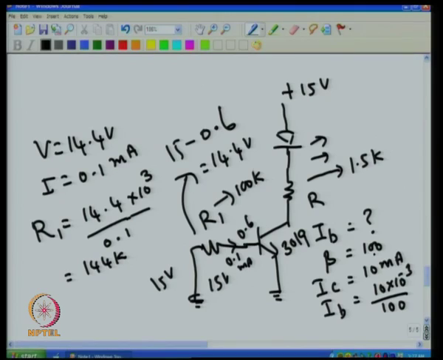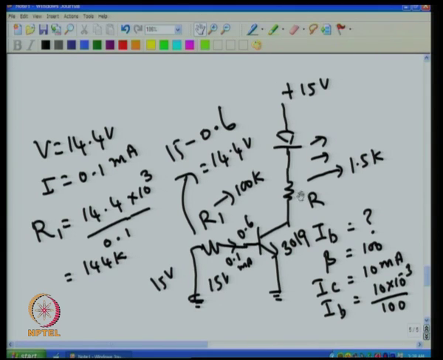So, in this case we always take the worst case parameter that is required. Here I have taken beta as 100, that is the worst case value. If I design with beta 100, then no problem, any transistor I put in will work, because if the beta is more, I need only low current, but anyway I am giving more than required.